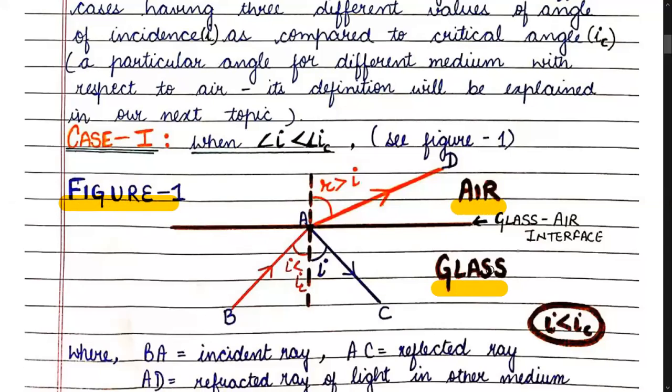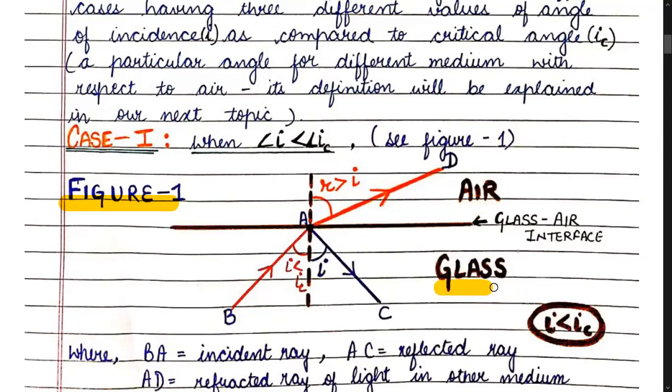As you already know that air is a rarer medium having refractive index as 1, while glass is having more refractive index as compared to that of air.